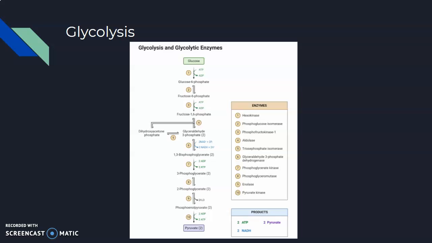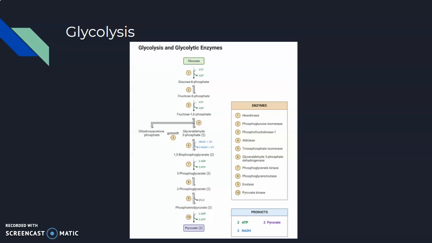That's the word I was looking for. Essentially, the kinase substrate has a high phosphoryl transfer potential, and so it will transfer.